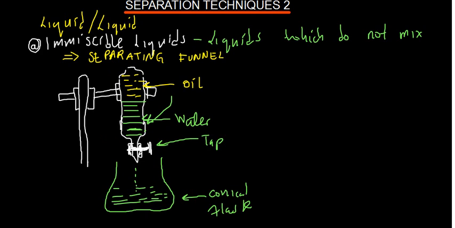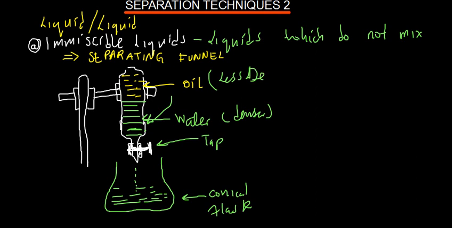A separating funnel is simply an apparatus used to separate a mixture of two immiscible liquids. So the denser liquid is going to be down. This is the denser liquid. And then the one which is on top is a less dense liquid. That one is less dense.